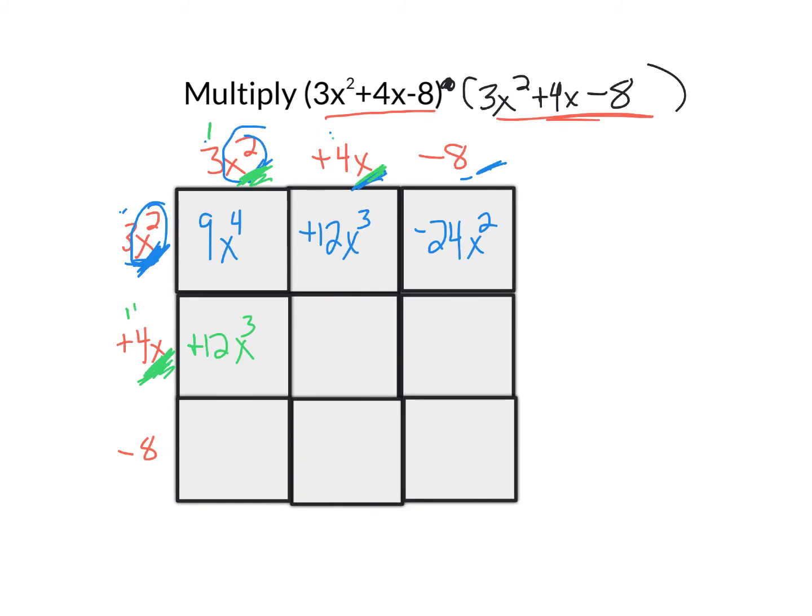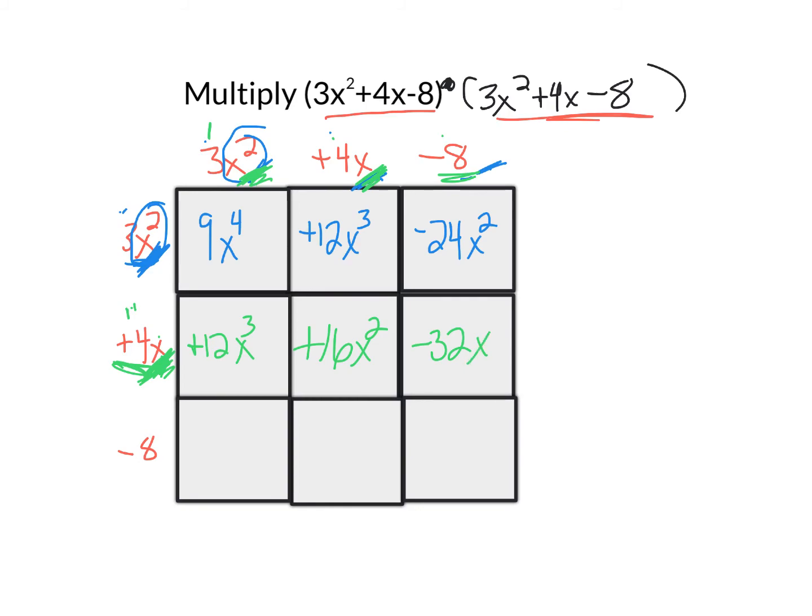So again, 4 times 4 is 16. We have 1x and 1x, so that's going to be 2 x's, so x squared. And then we have 4x times negative 8. So 4 times negative 8 is negative 32. X with nothing else on the other piece is just x.